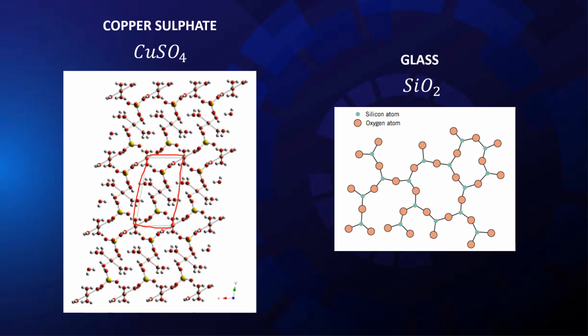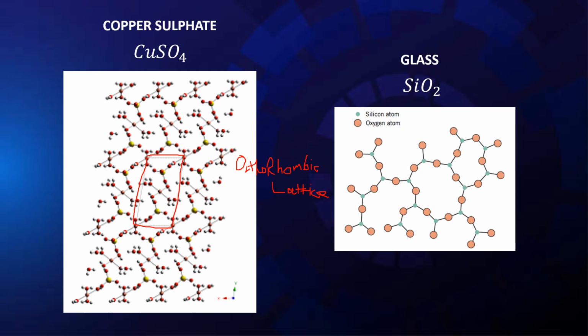Actually, this copper sulfate belongs to the rhombic lattice structure. I mean, sorry, it's orthorhombic. It's an orthorhombic lattice.